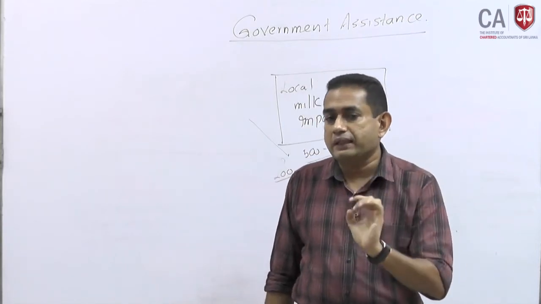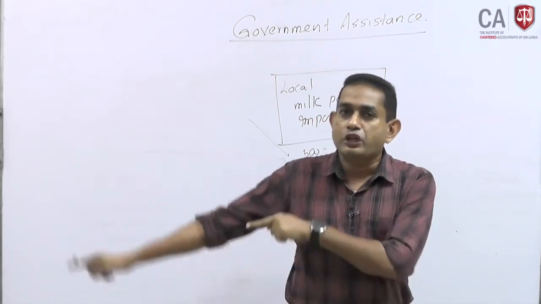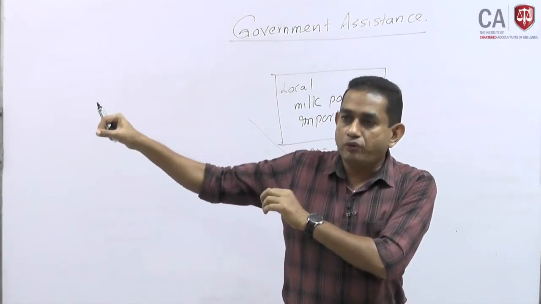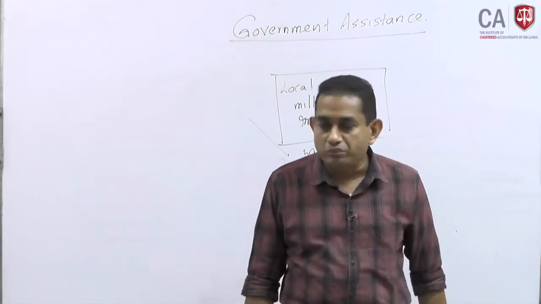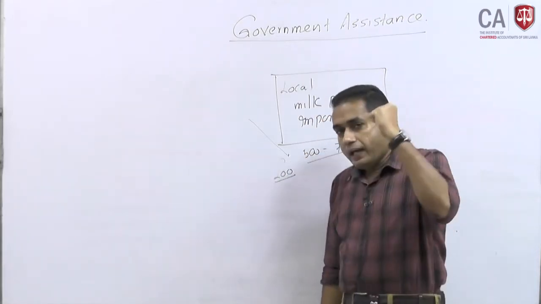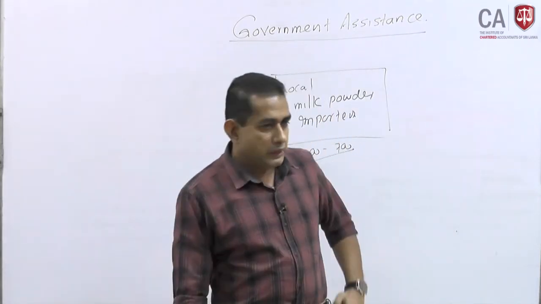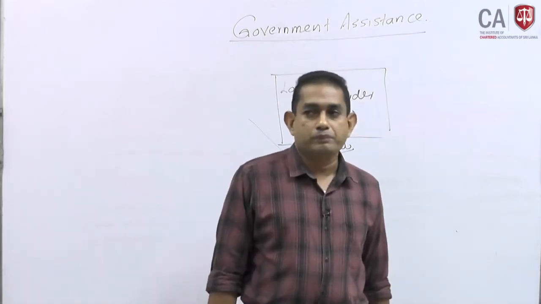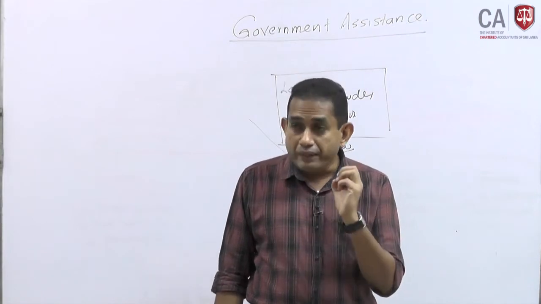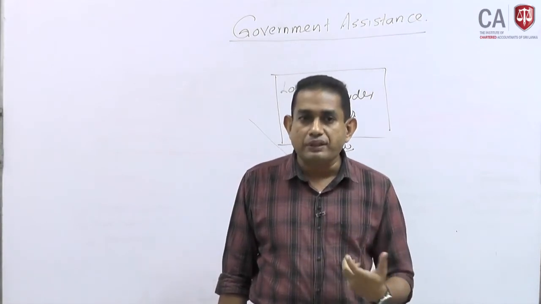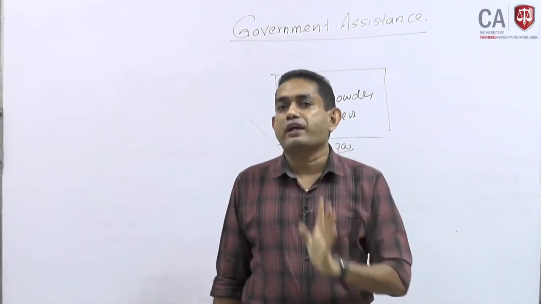Why? Because it's not to a specific entity or to a specific range of entities. The economic benefits will be flowing eventually to the final customer, and that is what you need to be careful about. It has to be an action by the government in order to provide economic benefits, and the final benefit of the assistance of the government should flow to a specific entity or to a specific range of entities.